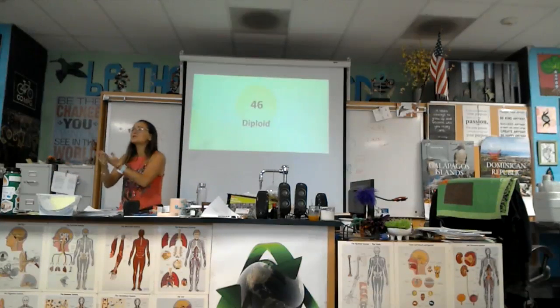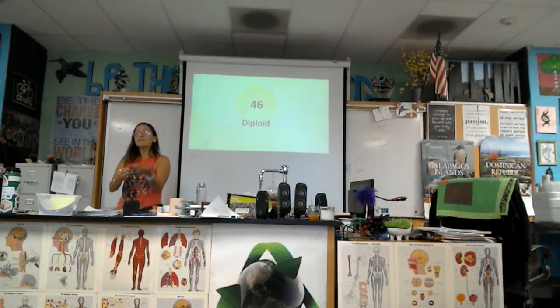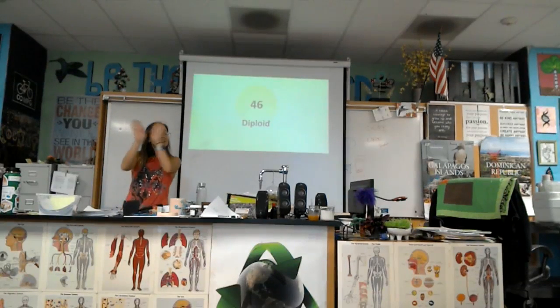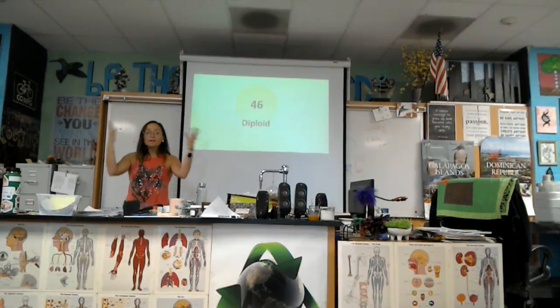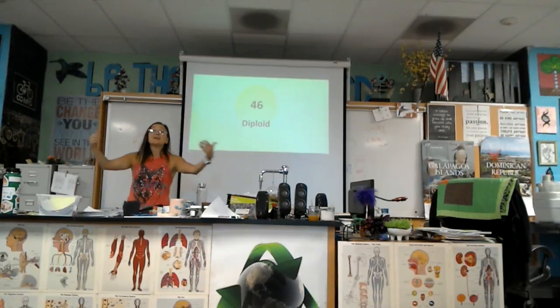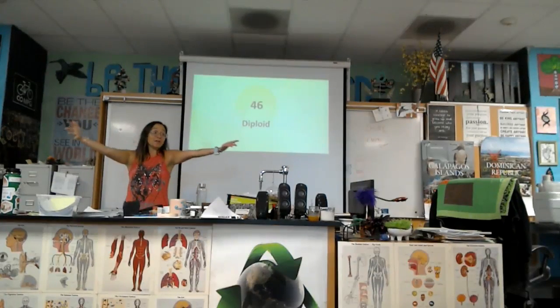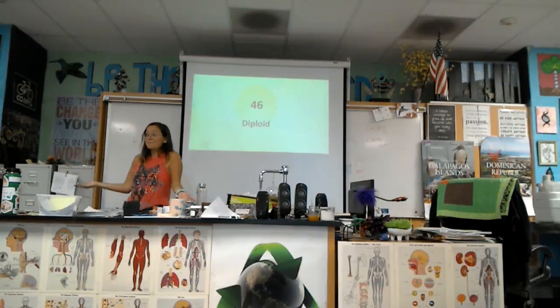Mutations create variation, but so does sexual reproduction, because during meiosis you're going to have crossing over, which we'll see, independent assortment, and random fertilization. So evolutionarily, sexual reproduction is favored in a lot of populations because the variation allows greater chances of survival in changing environments.